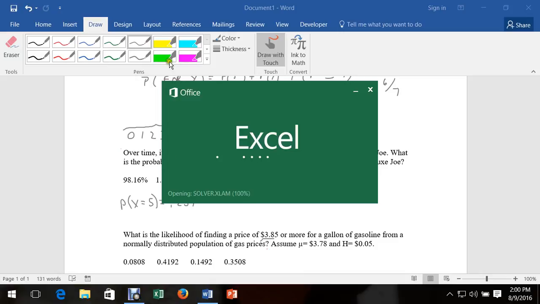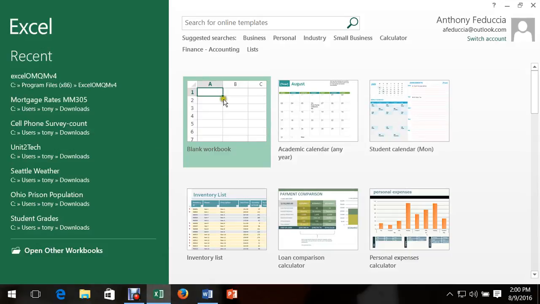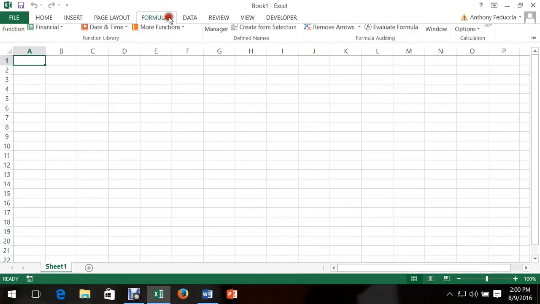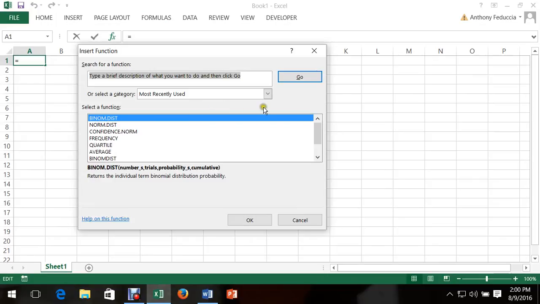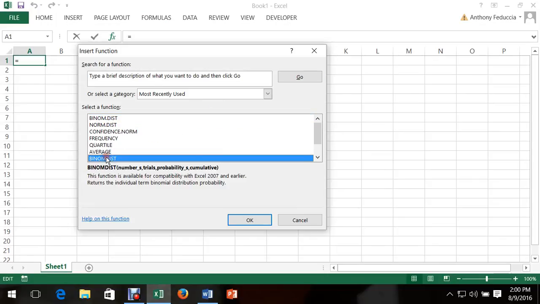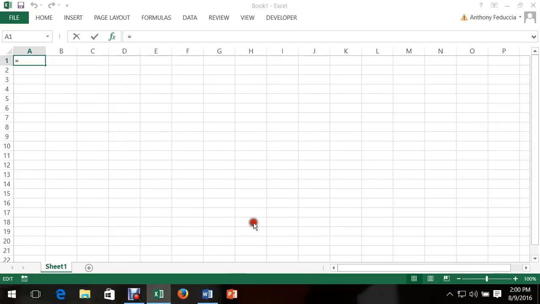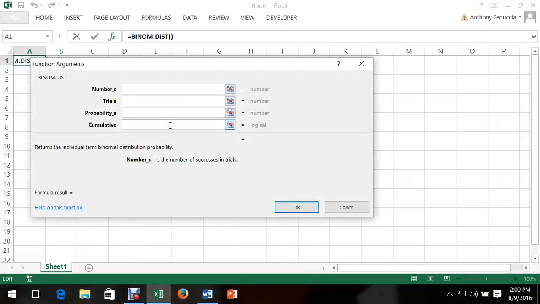And once again, we're going to go into the binomial probability distribution. And it's going to want to know the number we want. We said 5. The number of trials is 10. Probability is 0.45. This time we're going to put in cumulative, true. We want it to add up.